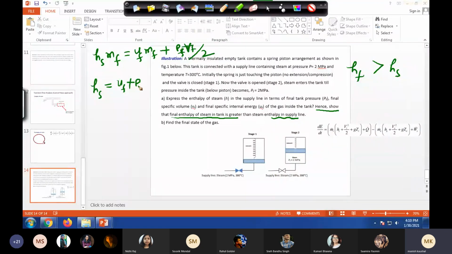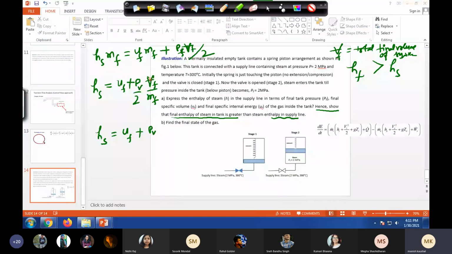So this is PF by 2, V cut F by MF, where V cut F is the total final volume of the system, or gas, whatever. So HS is equal to UF plus PF. Nidhi, what is this, VF by MF? Specific volume, right? So VF by 2.